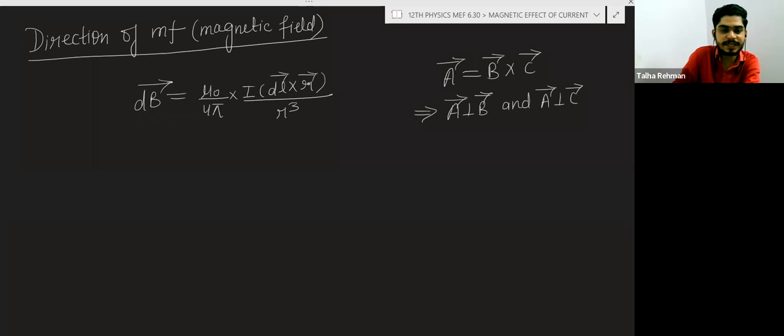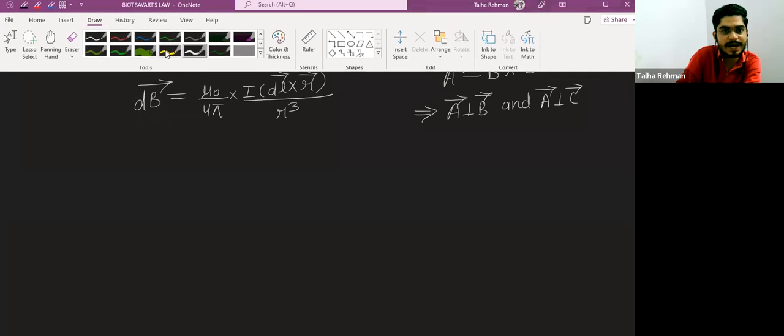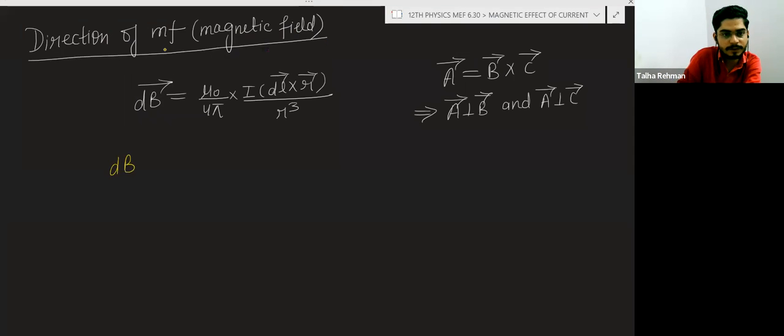So you can say this small magnetic field dB will be perpendicular to this dl vector, and also this magnetic field will be perpendicular to this r vector.